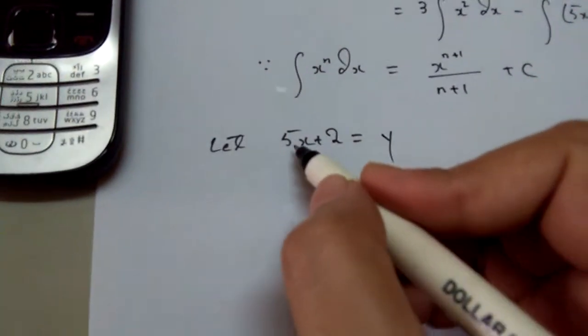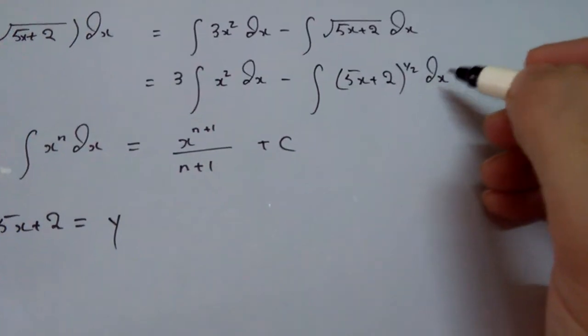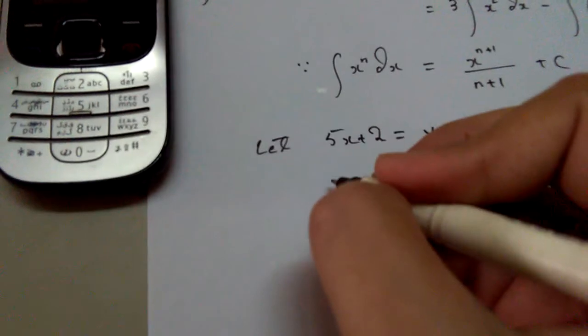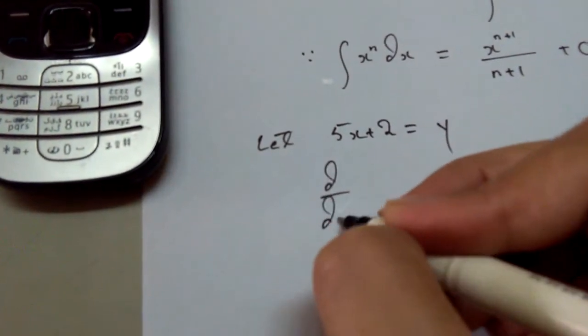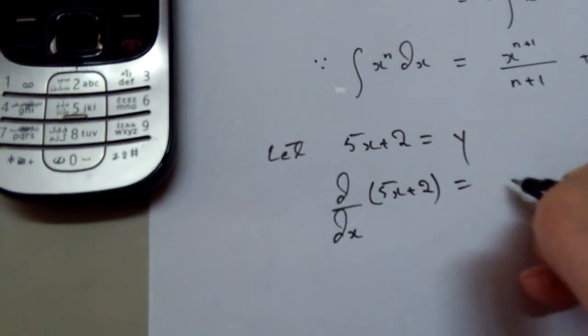Then you differentiate both sides with respect to the original variable x.